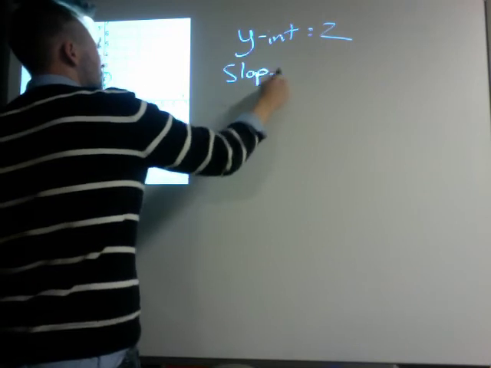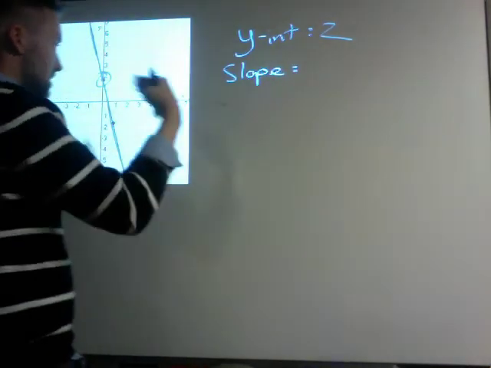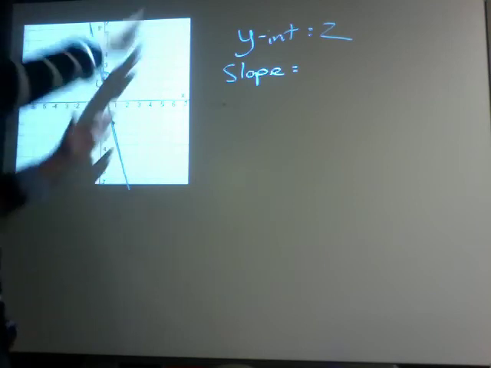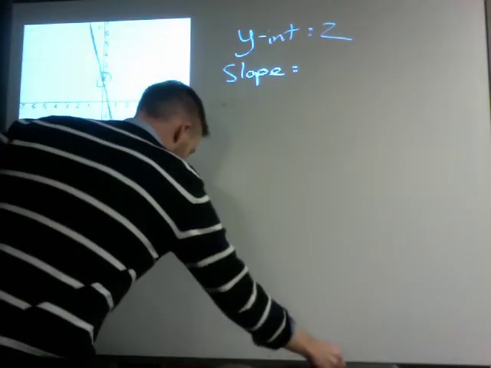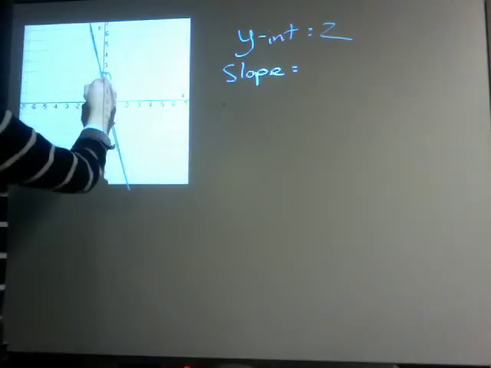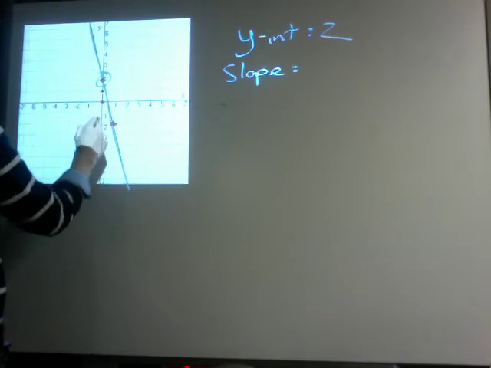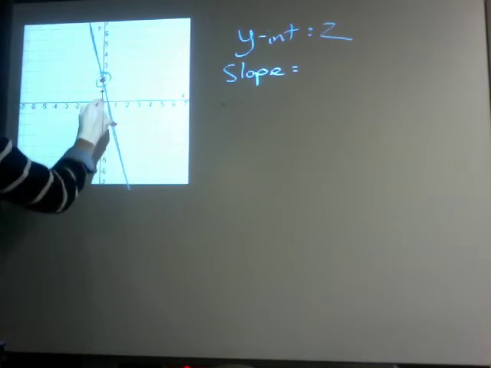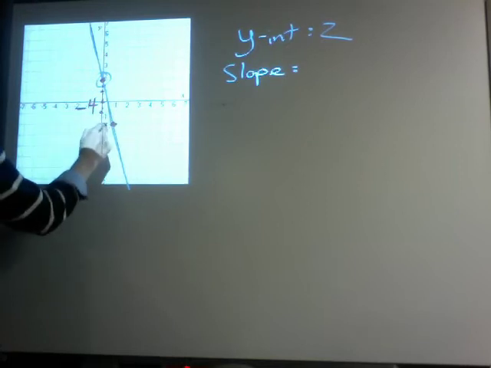What's our slope? Only one of these numbers we want to be negative, because if they were both negative, it would just be positive, and that's when we would end up going up from left to right. So let's start counting from here to here. So we got 1 down, 2 down, 3 down, 4 down. Change of negative 4. And we went over 1.